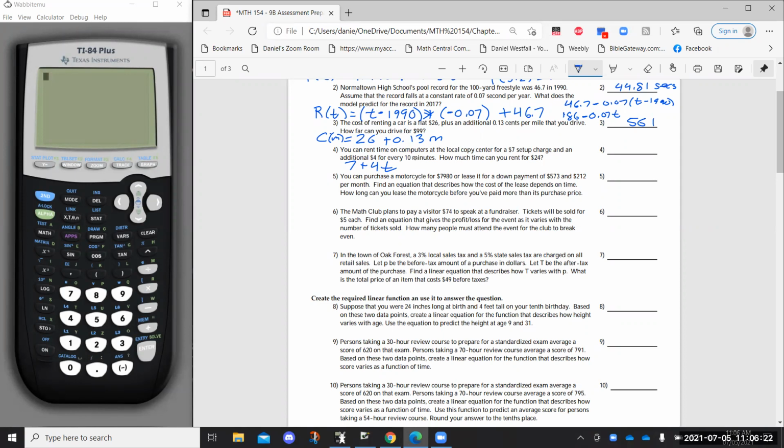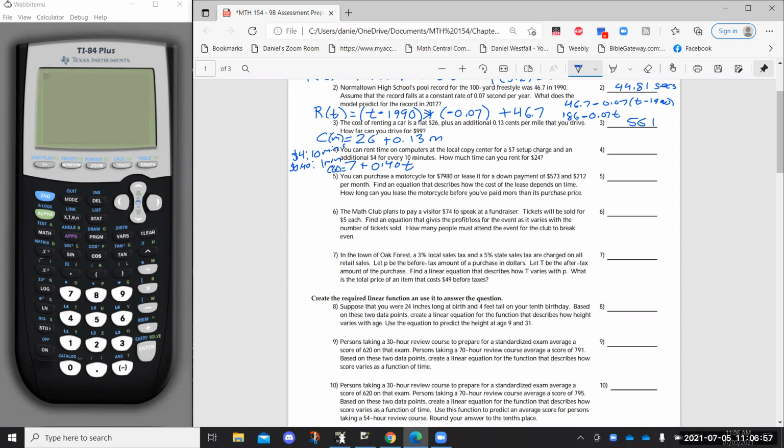If it's $4 for 10 minutes, then it is 40 cents for 1 minute, right? So let's write it that way, where T is the number of minutes. So this is going to be 40 cents per minute, right? And this is going to be C of T, $7 plus 40 cents a minute.